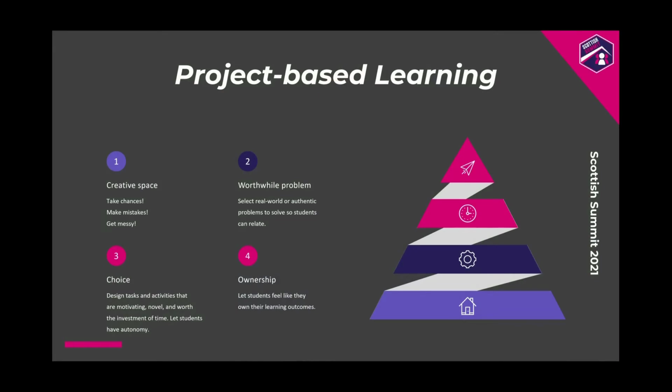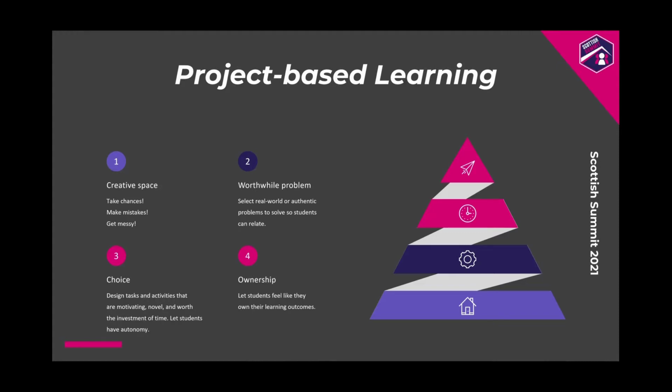It shows more than just a multiple choice test, which may be inaccurate when guessing is involved, right? But a project, you can't fake that. You just can't. So, number 1, for project-based learning to work, you need to have creative space.